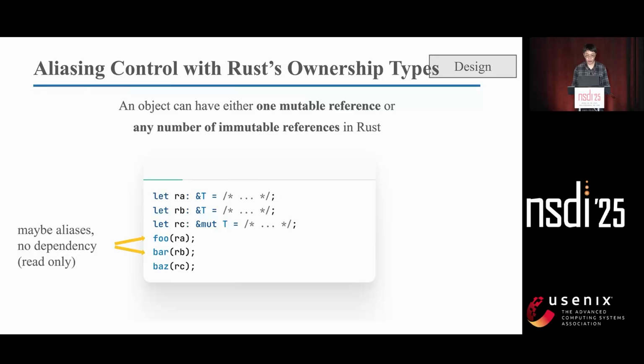So possible aliases such as RA and RB in the figure must be immutable. Since the referenced data is read-only, there is no data dependency between foo RA and bar RB. On the other hand, RC is a mutable reference, so it should not have any aliases. There is no data dependency between bar RB and baz RC, since they operate on different objects.